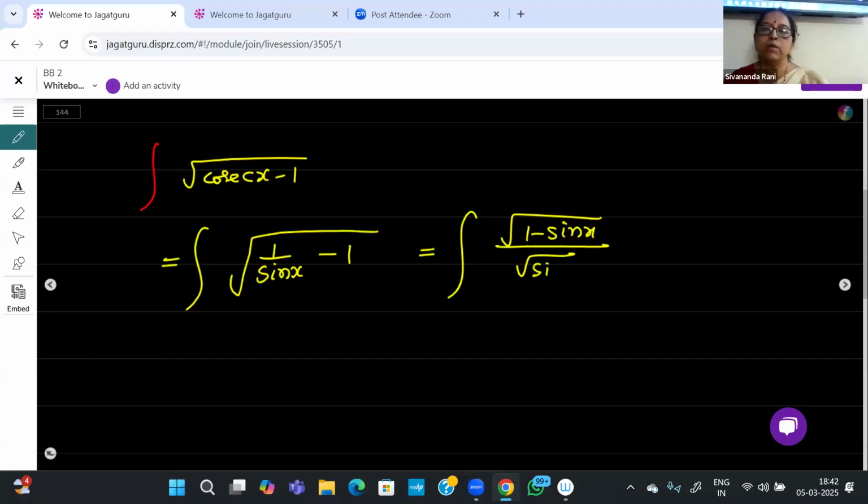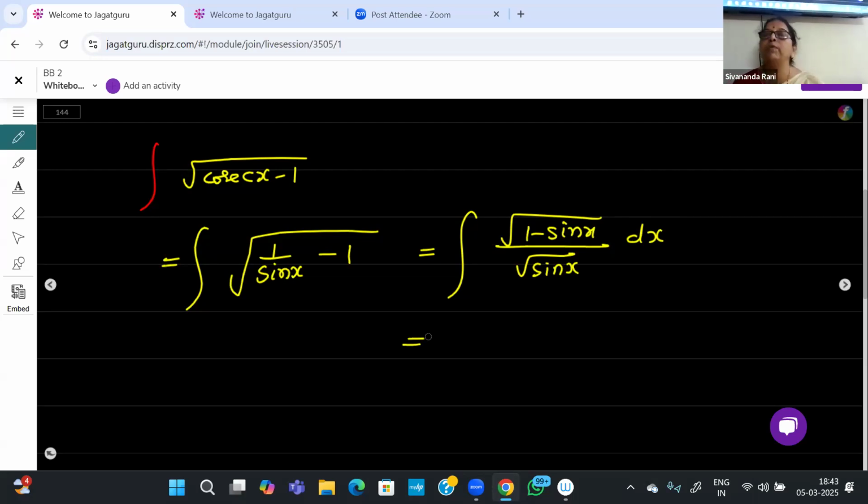Let me see who comes out with something that is somewhat useful. I want the root to go in the numerator.